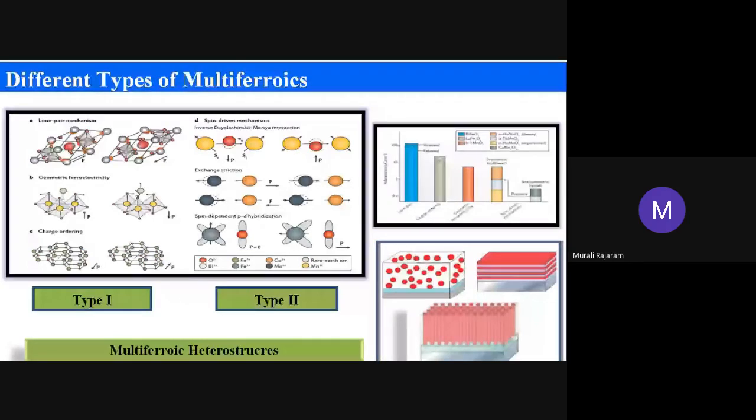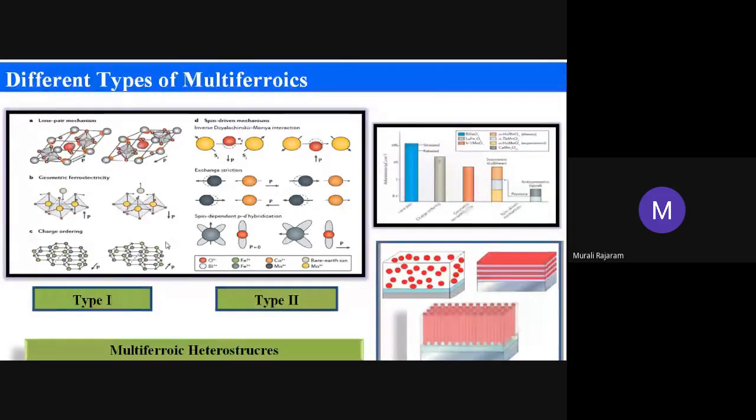This is another class of materials, called charge ordered materials. If you take a multivalent material like iron, and prepare a material using these compounds, there is a possibility of charge order between Fe2+ and Fe3+ on different layers, which may induce some electric polarization, and the magnetism comes from the Fe ion. Okay.